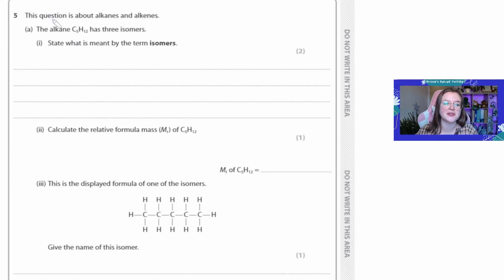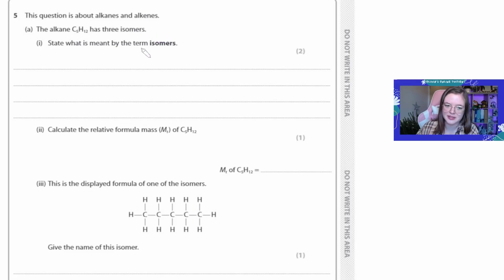Question 5. This question is about alkanes and alkenes. The alkane C5H12 has 3 isomers. Say what is meant by the term isomers. So people always mix this up with isotopes. Maybe sometimes ions as well, because those 3 terms sound very similar, right? Isomers, isotopes, and ions sound very similar.